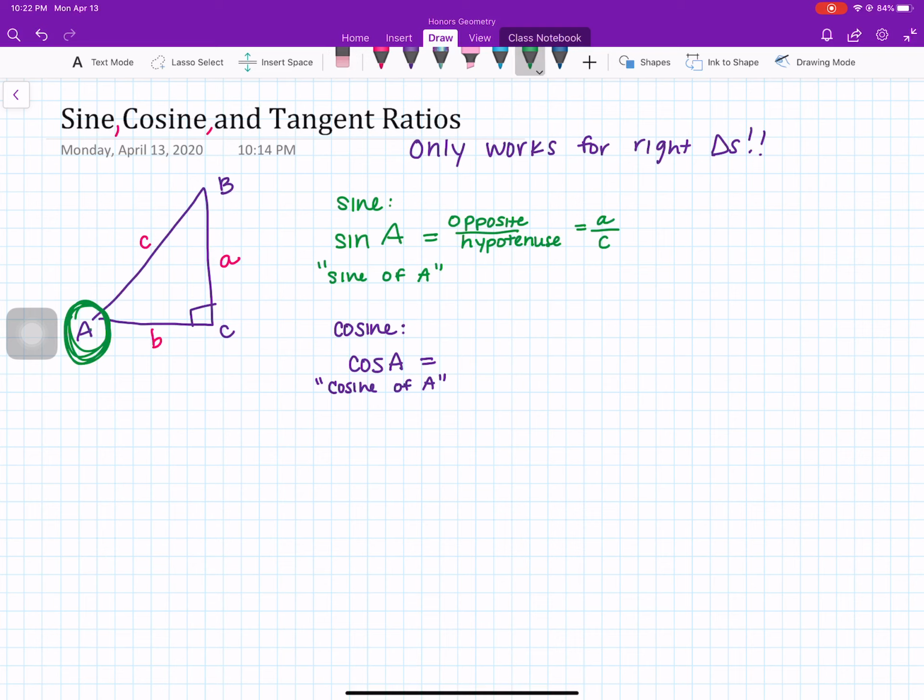So the adjacent side to angle A is B. Yes, I do realize that C is also adjacent to A, but C is the hypotenuse. So you can't have the same one twice. So you have the adjacent over the hypotenuse. Or in our picture, it would be side B over side C.